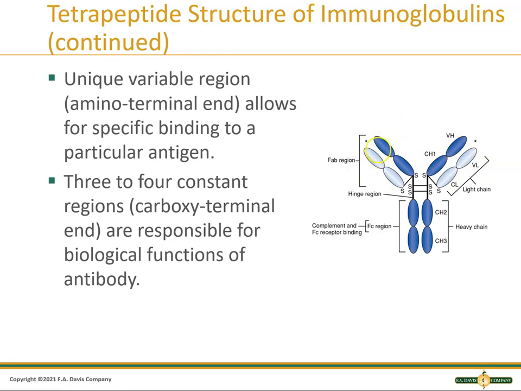There is a different variable region for each antigen out there. It's hard to believe, but that's the way it works. Then the carboxyl terminal end, down in this area, is responsible for how the antibody works, its biological function. There are 3 or 4 constant regions, and that's called the carboxy terminal end.